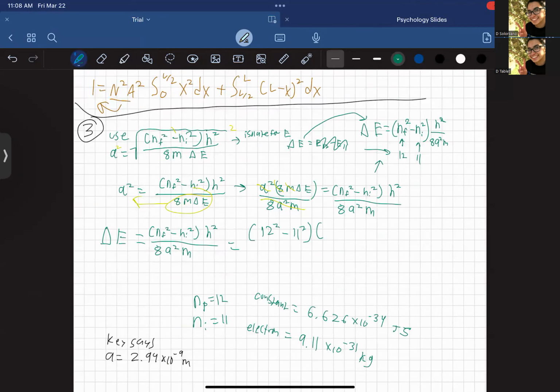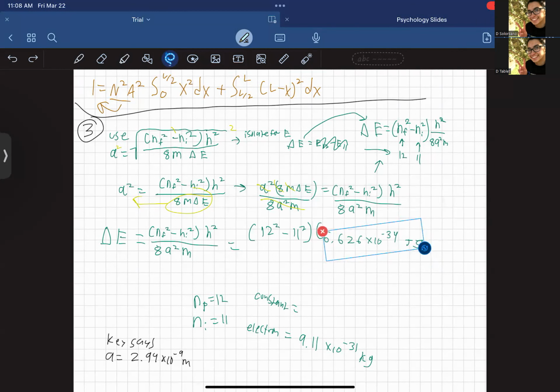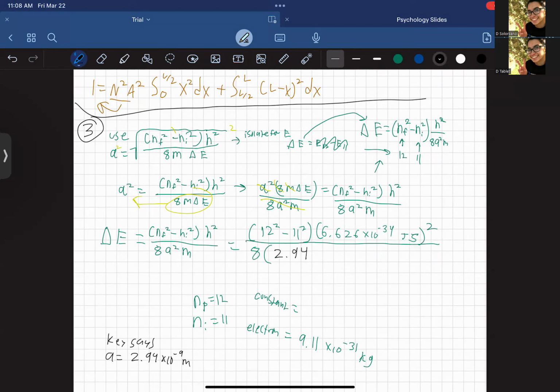And then our constant, 6.626 times 10 to the negative 34, squared, over, I'll do this one in black since it's not really my number, 4 times 10 to the negative 9 meters. And then the electron mass.